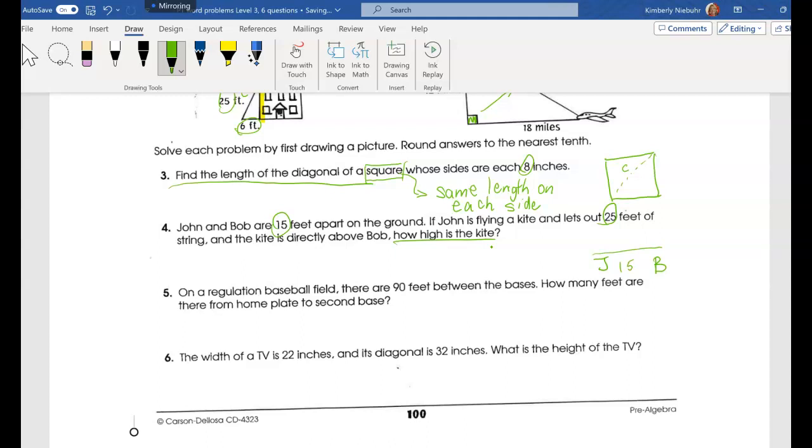And if John's flying his kite and lets out 25 feet of string, what is the length, or how high is the kite? Okay. John, Bob, hypotenuse, leg.